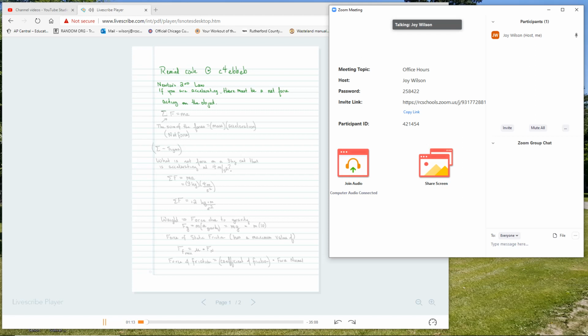So, the mathematical statement is this. The left side says the sum of the forces, which is called the net force, is equal to the mass times acceleration. So I'll give you a second to copy. We'll work on that.